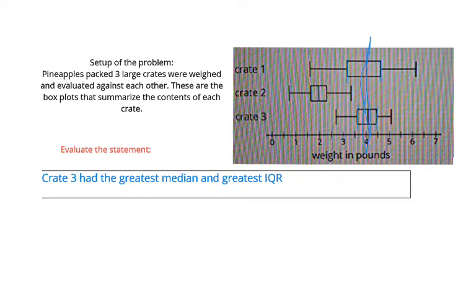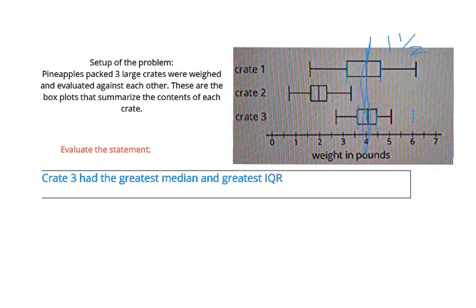It doesn't say how many pineapples are exactly measured. It's just the crate of pineapples. But as we can see here, crate 3 only ranges from 3.5 to 4.5, so it only has an interquartile range of 1. Whereas crate 1 goes from 3 to 4.5, so it has a range of 1.5.